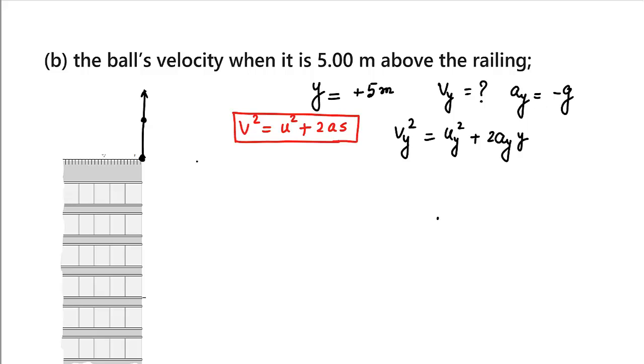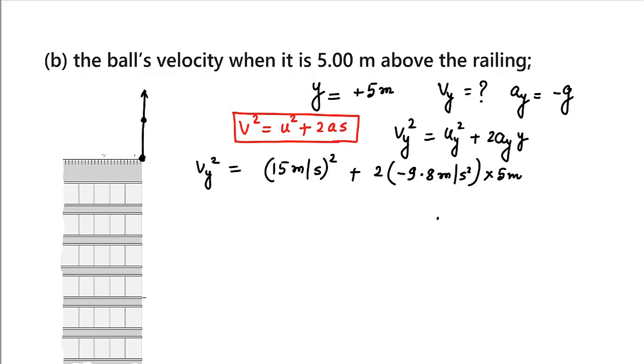So we can write v_y squared is equal to u_y, which is known to me, that is 15 meters per second, squared, plus 2, and acceleration is minus 9.8 meters per second squared, multiplied by the known distance, that is 5 meters.